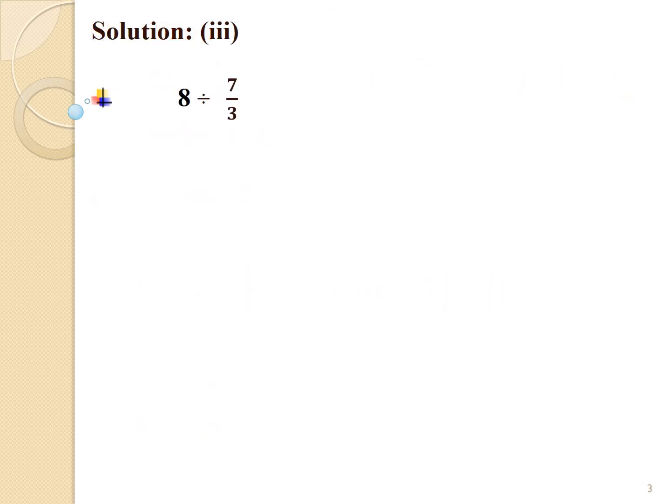Now, let us solve sum number 3. 8 divided by 7 upon 3. Multiplying 8 by the reciprocal of 7 upon 3, we get 8 into 3 upon 7. Now, multiplying whole number 8 by the numerator 3 and keeping denominator 7 as it is, we get 24 upon 7.